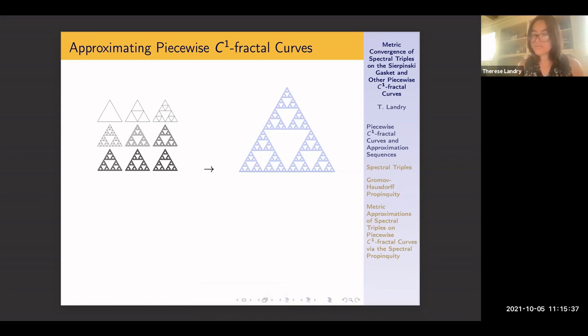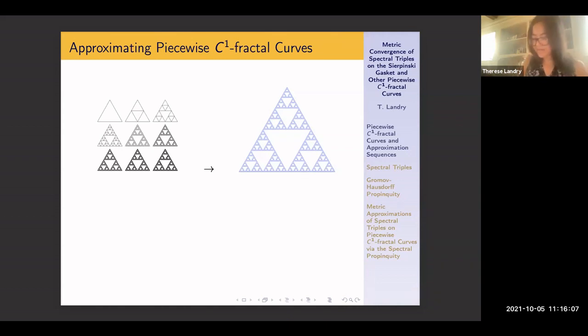And our goal was to identify conditions under which differential structures defined on fractals can also be realized as a metric limit of differential structures defined on their approximating finite graphs. So with the Sierpinski gasket as our motivating example, we were able to extract what properties would need to be exhibited by such a sequence of approximating spaces.